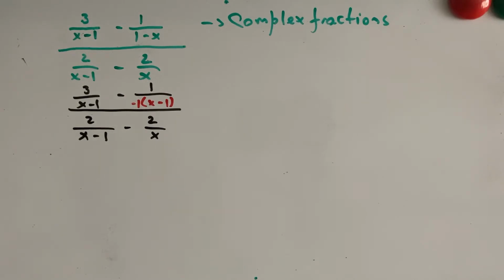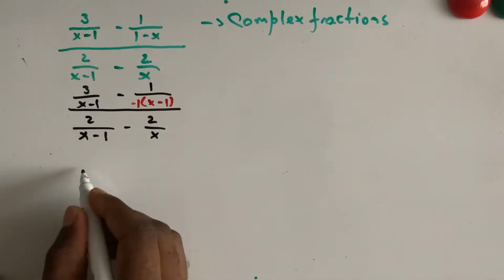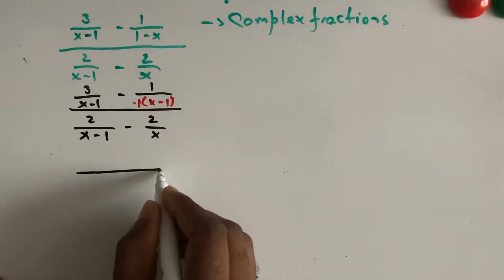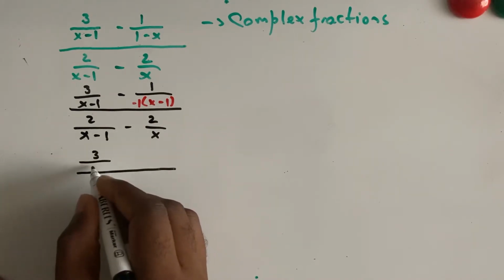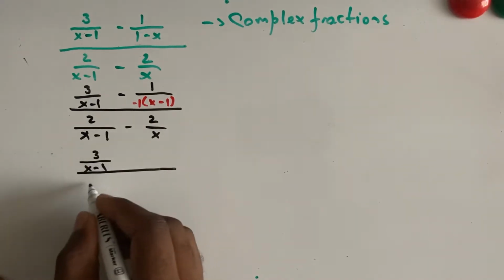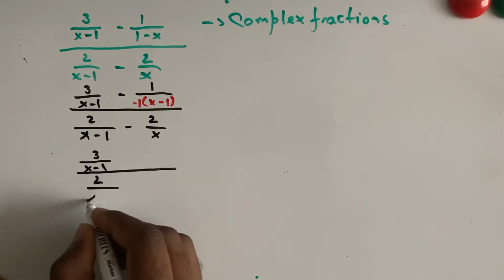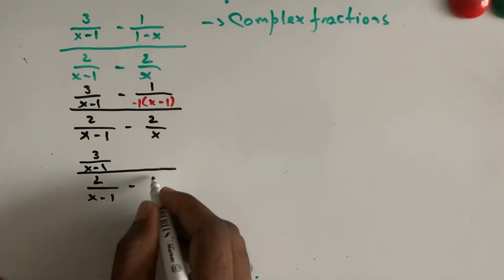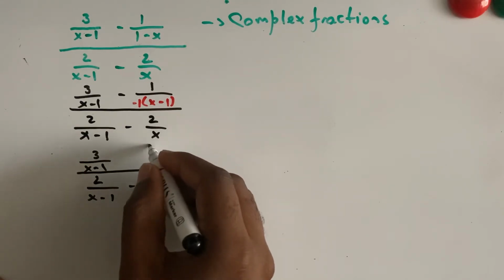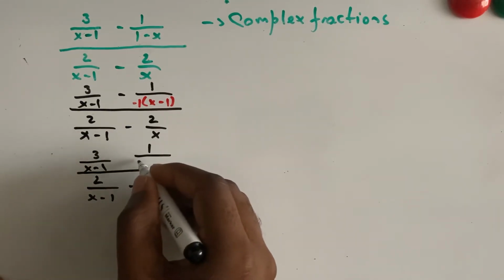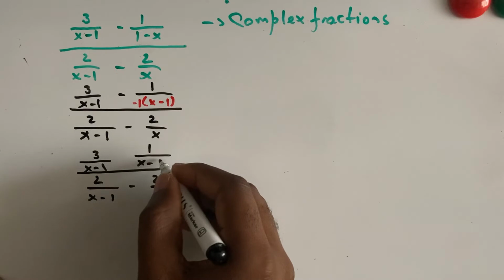After that, let me rewrite things first. 3 over x minus 1, 2 over x minus 1, minus 2 over x. Now 1 over x minus 1.